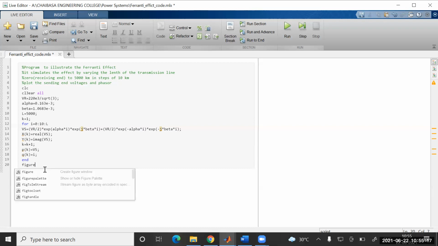Let's give figure 1. So what will be your figure 1?